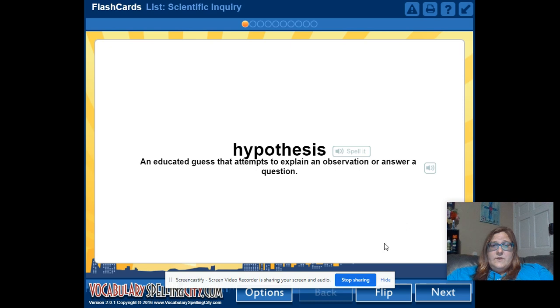Okay. First word we have is hypothesis, an educated guess that attempts to explain an observation or answer a question. So you see something, you wonder something, and you create an idea about why. Okay. It could be, how can you make a pen last longer?